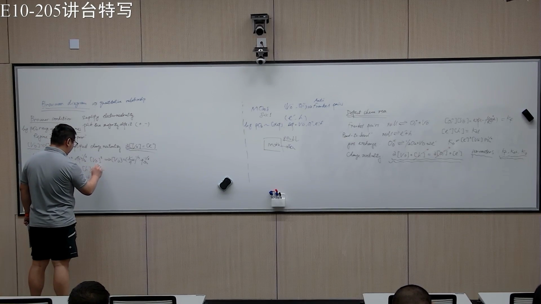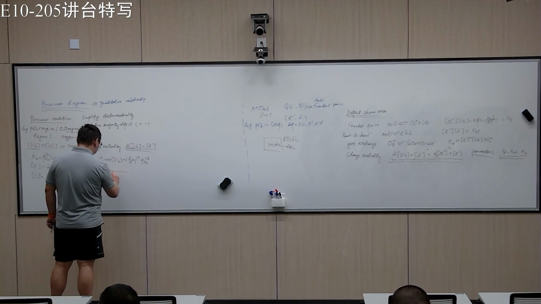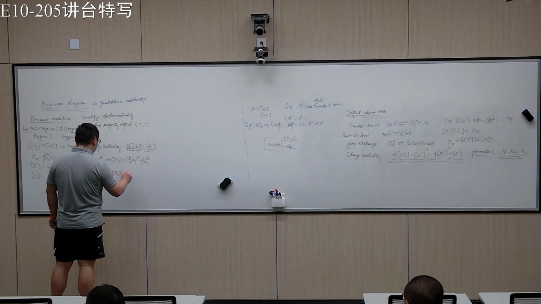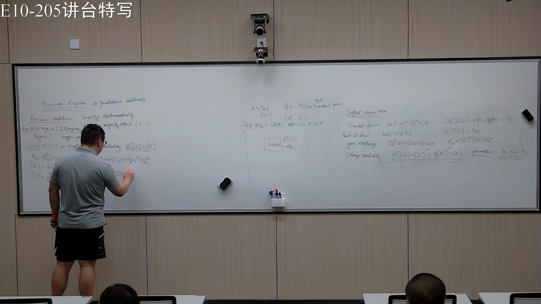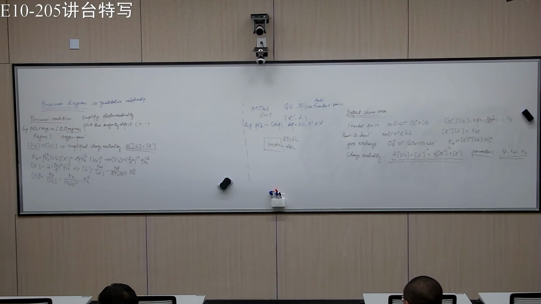It's basically KEL over electrons. Then it should be 2, or 1/3, PO2. Okay.